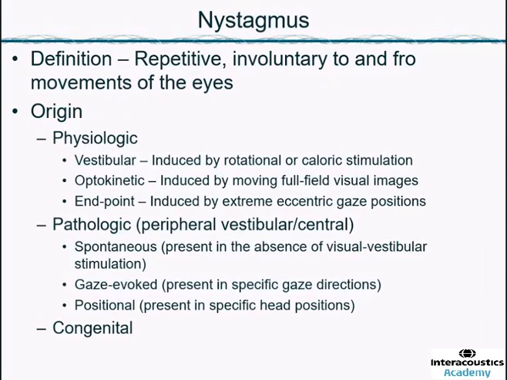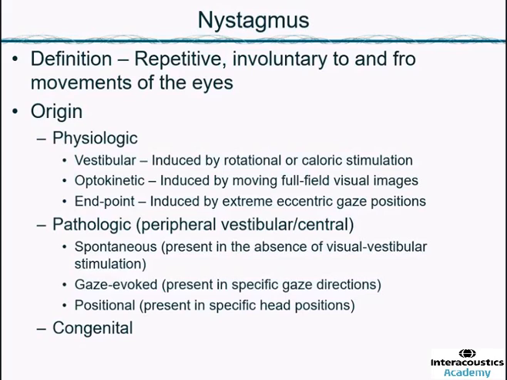So we have to make sure that we're not taking the eyes so far to the extremes that you're generating endpoint nystagmus. The other thing that you should know is that the endpoint nystagmus is affected by alcohol level and by other substances. So you could start seeing the endpoint nystagmus sooner than 40 or 45 degrees off center. So again, it's just a matter of distinguishing this, which is a normal variation, from pathologies that you'll see in a few minutes.